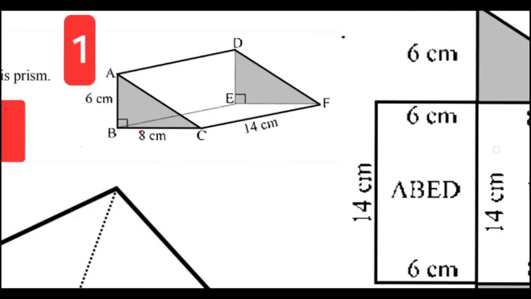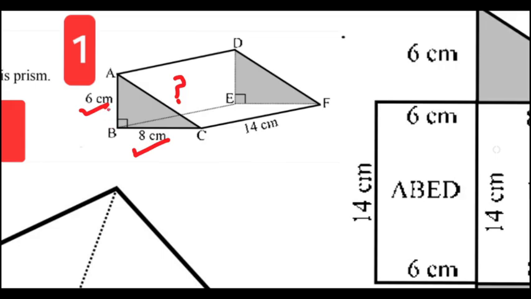So we have this triangle, and the perimeter of the base is 3 sides. One side is this one, and this is the second side, and the third side we don't have. We're gonna use the Pythagoras to find the third side.